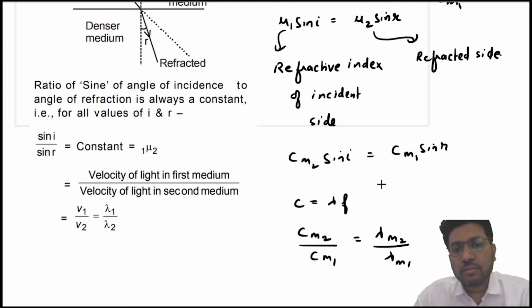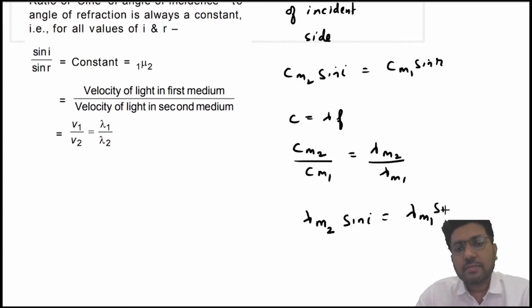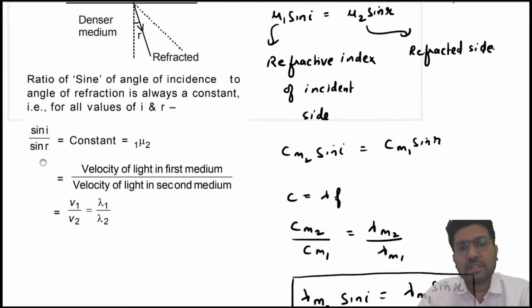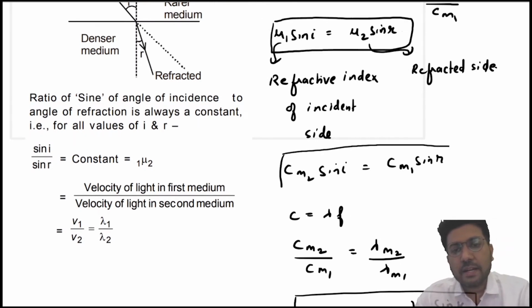Sometimes they give you the wavelength in medium 1 and medium 2. So Snell's law can also be written as lambda in medium 2 into sin I is equal to lambda in medium 1 into sin R. Whichever form you want, you can use for application of Snell's law depending on what is given in the question. If they have given you the refractive index, use this. If they have given you the speed of light in the medium, use this.